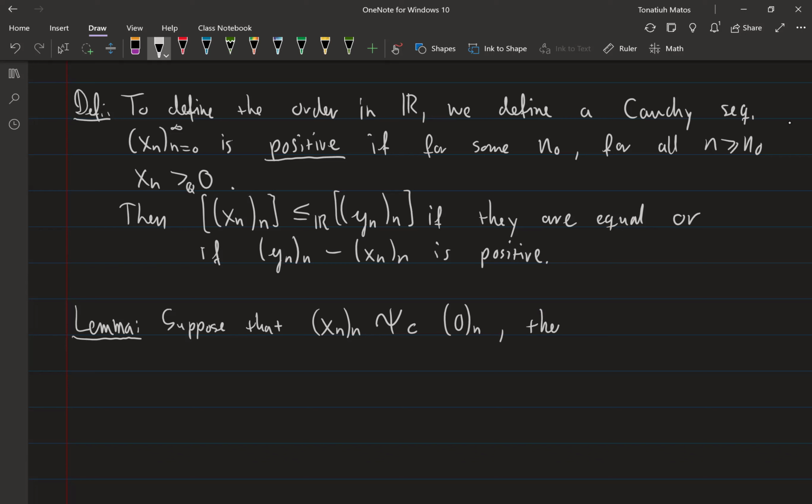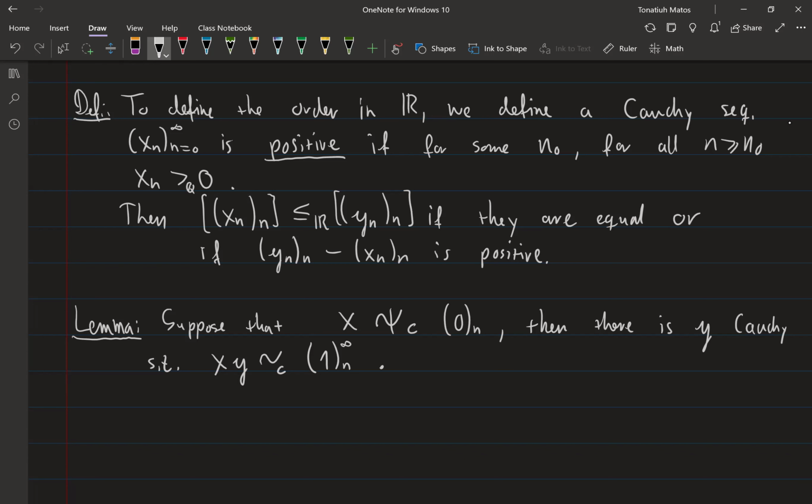So you have a non-zero number, then there is y, Cauchy, such that x times y, maybe I should just write the number x here, right? x times y is equivalent to the constant sequence 1.